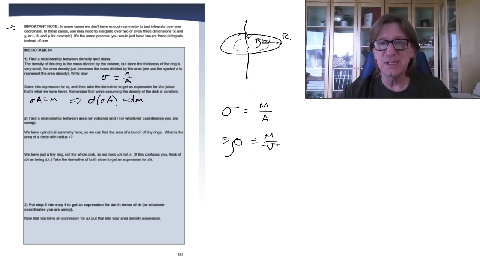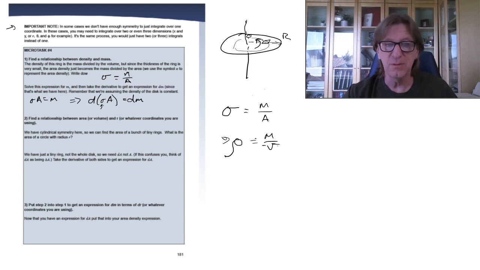You know, maybe it's linear, maybe it's quadratic, some way I need to know how my density changes as I move through this disk. Because then this is going to depend upon R, my sigma here is just going to depend upon R, and I'll be able to take the integral just as I normally would. But for now, for this demonstration, we're going to assume that I have a uniform disk, that the disk is just made out of the same stuff all the way through. And that's not an unreasonable thing to assume.